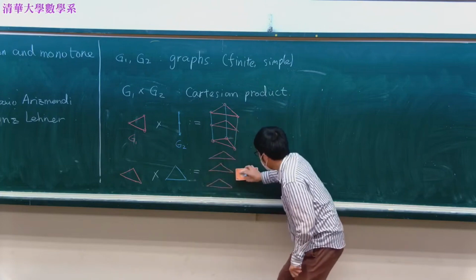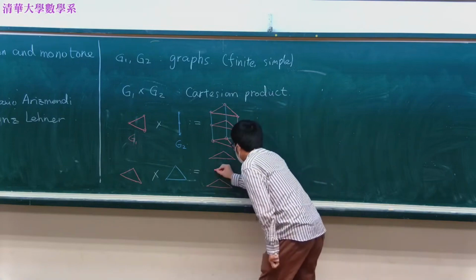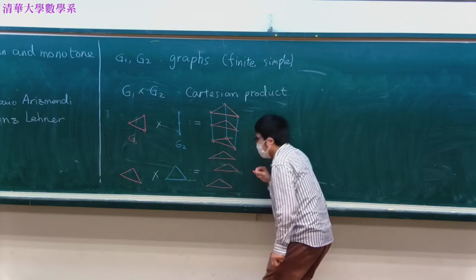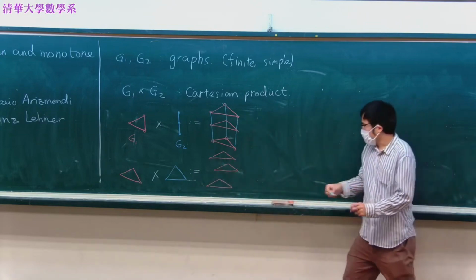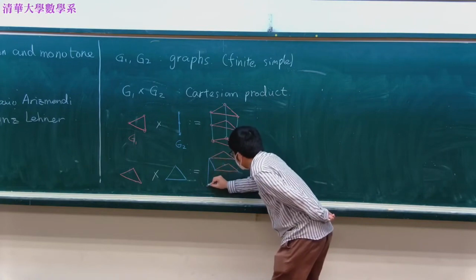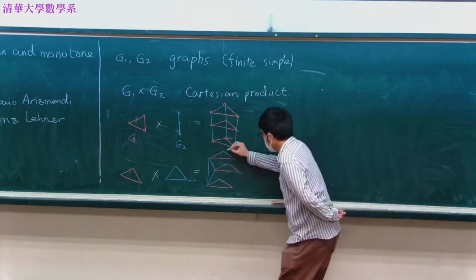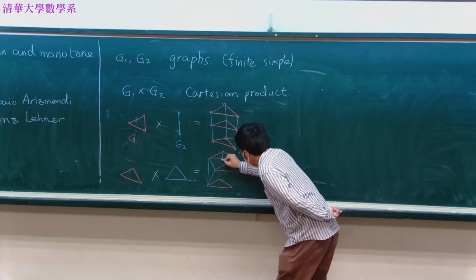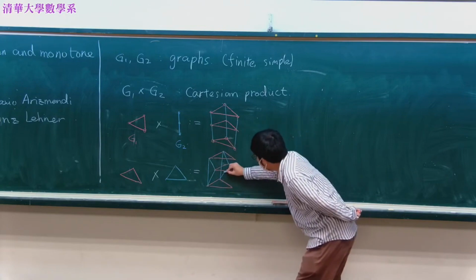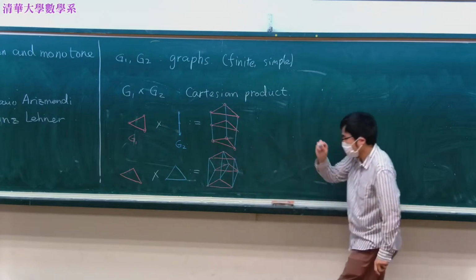I think it's better to move the second one a little bit to the right, like this. Then connect those 3 points by G2. And here also, this and this, and finally, like this.